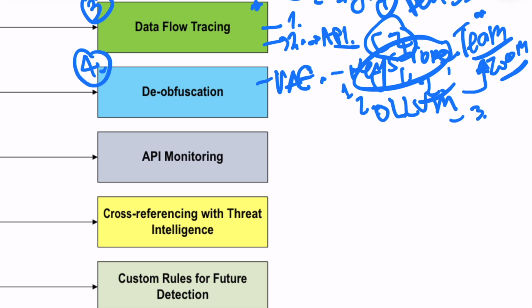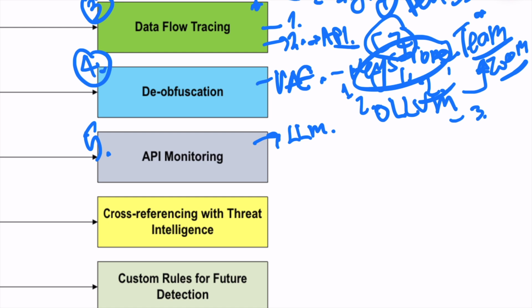Now that is the fourth step done, and we are moving towards the fifth step, API monitoring. DeepCode AI would flag unusual API calls, such as those from large language models, OpenAI or GPT-based APIs.